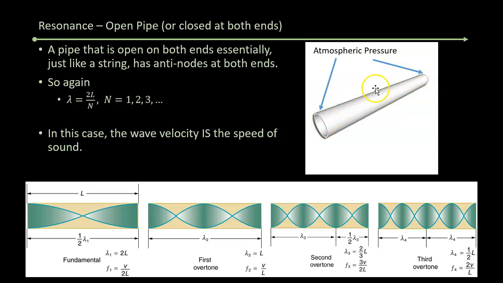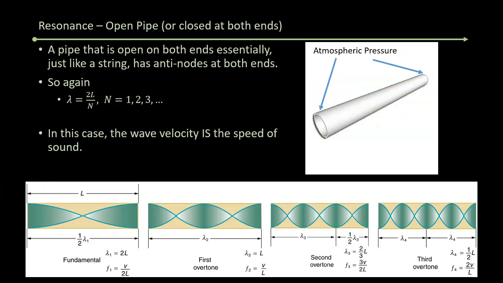The pressure can be maximum in the middle, back to atmosphere on each end, so the pressure in the middle is going up and down, up and down. And so again, we get lambda is 2L over N, where N is your first harmonic, second harmonic, third harmonic, etc. In this case, the wave velocity is the speed of sound because the medium in which the wave is traveling is air.